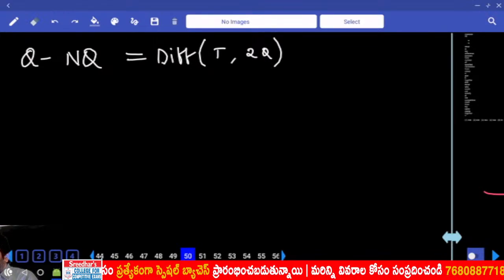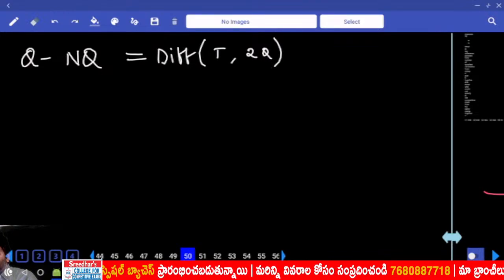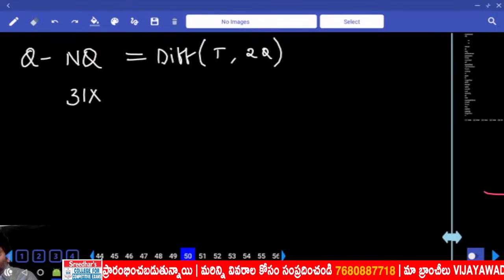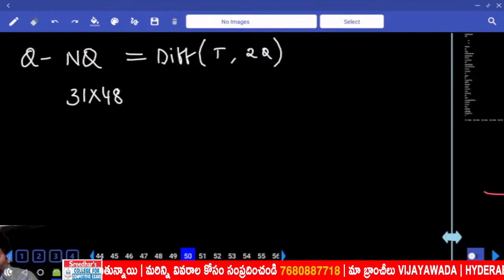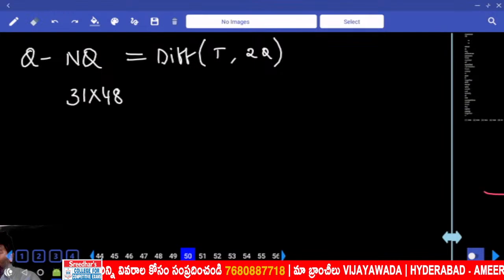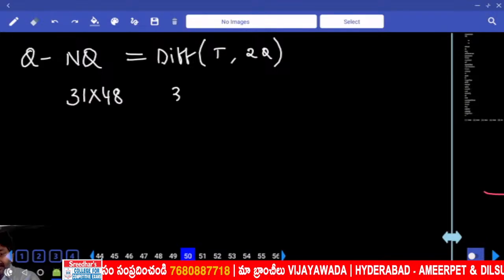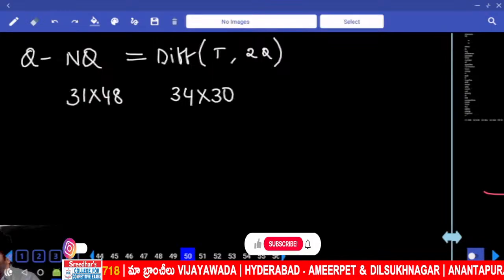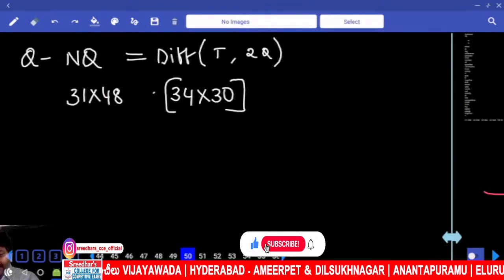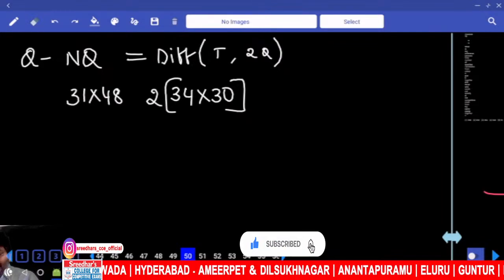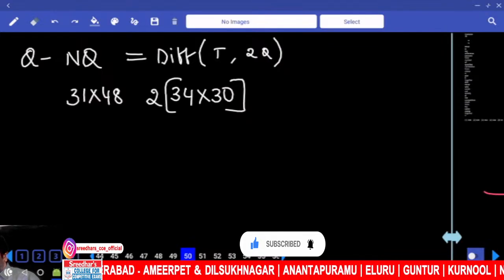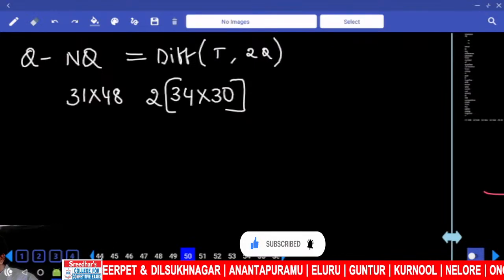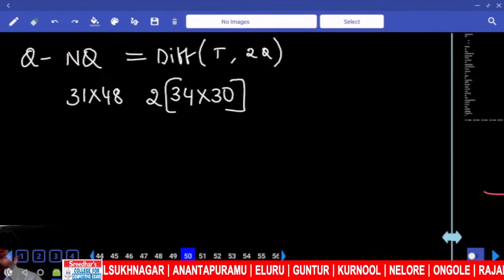Total people are 31 into 48. Qualified people are 34 into 30. 2 times qualified, this number, correct? When you are taking last digit verification for a difference, you should always take largest minus smallest.